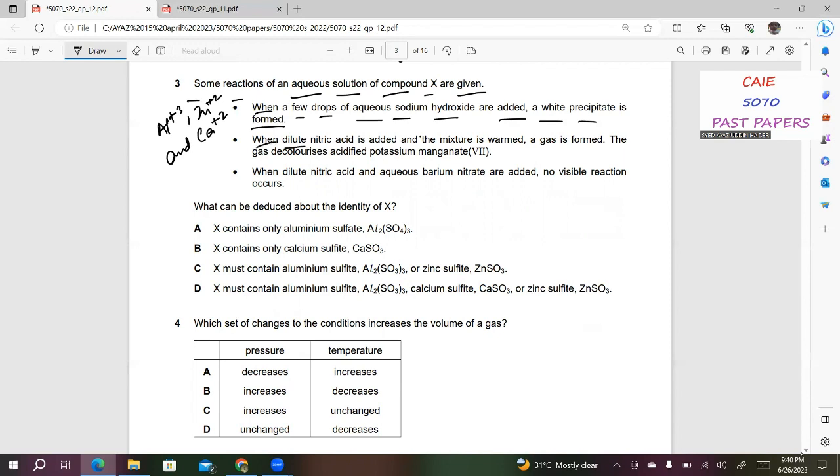Statement number 2, when dilute nitric acid is added and the mixture is warmed, a gas is formed. The gas decolorizes acidified potassium manganate(VII).